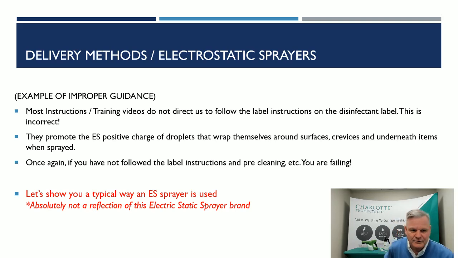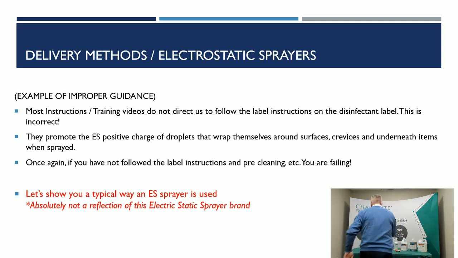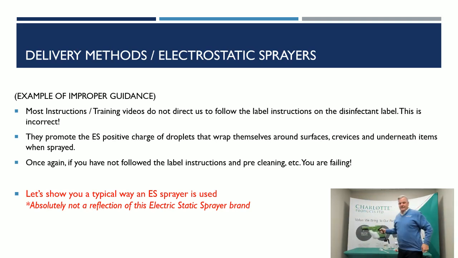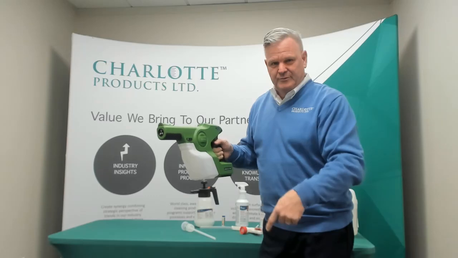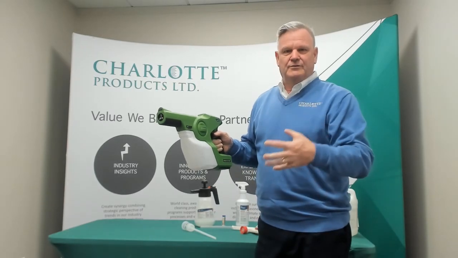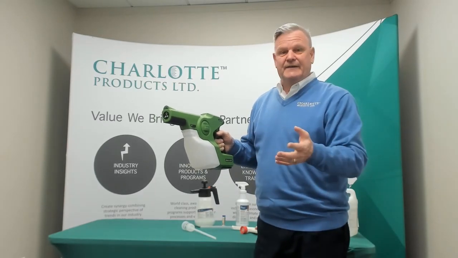In fact, I'll show you right here now. This is a Victory sprayer, very good sprayer as a matter of fact, and this is in no way a reflection of the brand because there are lots of them on the market. Why you use this is for the speed, for labor savings, to go through facilities and make sure you're cleaning and disinfecting those areas.